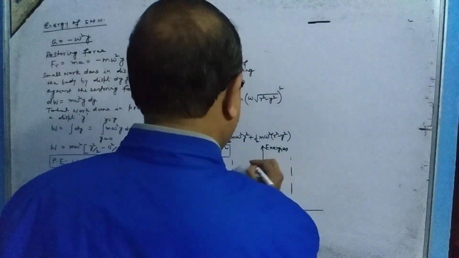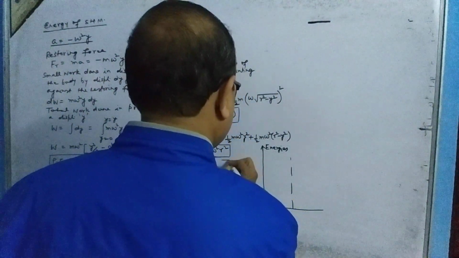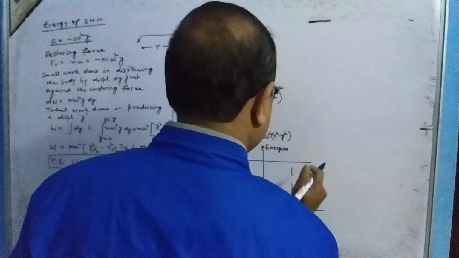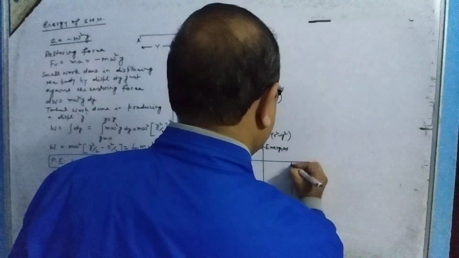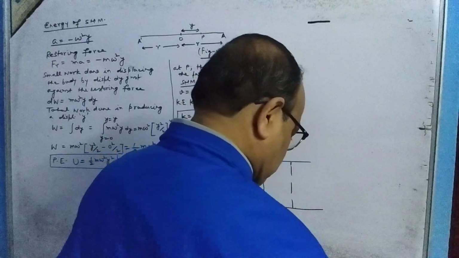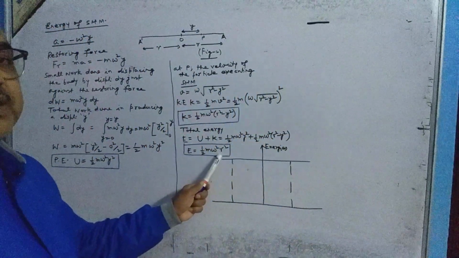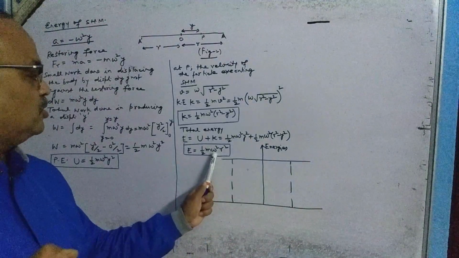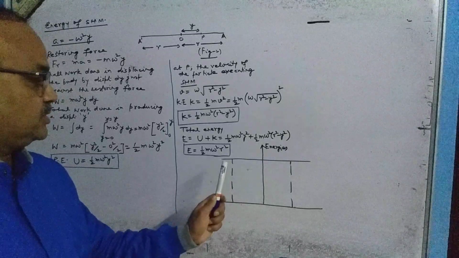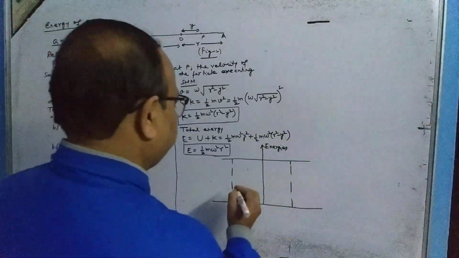And see, all the energies will be plotted. Look, it is the constant. What is constant in the whole thing? The total energy is constant. See, in total energy, mass is constant, omega is constant, r is also a constant. So it is the total energy.